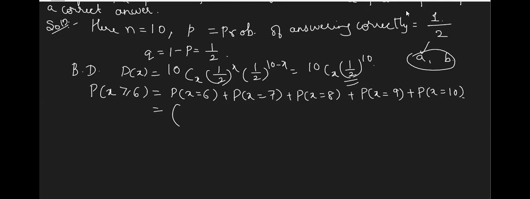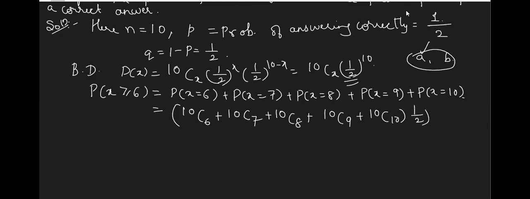Just substitute x as 6 to get P(x=6), so 10C6. Next, x is 7: 10C7, 10C8, 10C9, 10C10, times (1/2)^10.